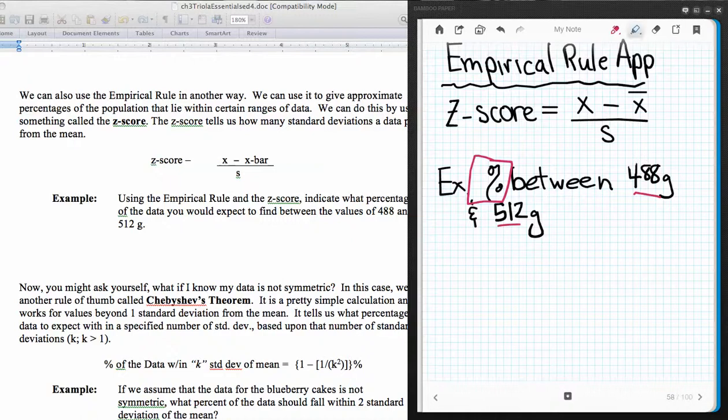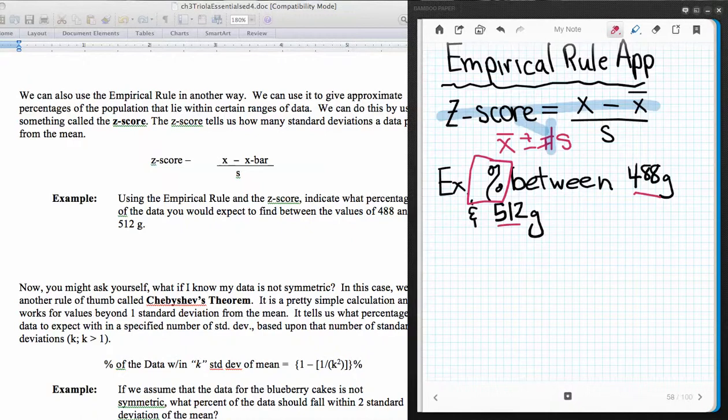And in order to do this, what we need is this thing called a z-score. And the z-score is just based upon the simple fact that we have x bar plus or minus some number of standard deviations from the mean. So this number that we have right here is comparable to this z-score.